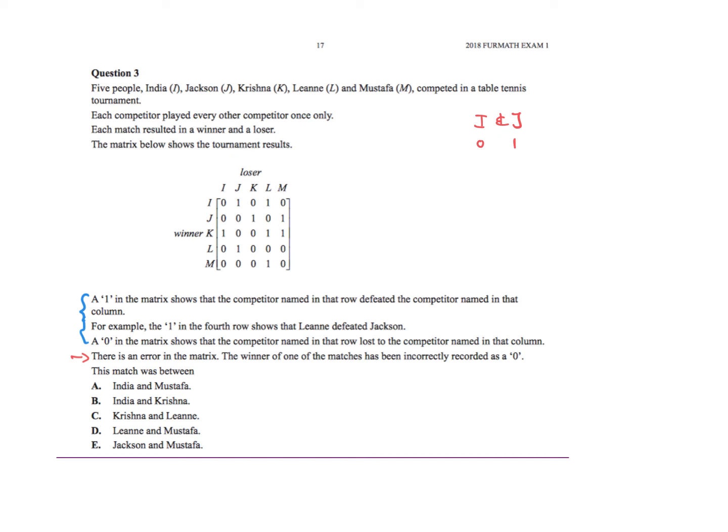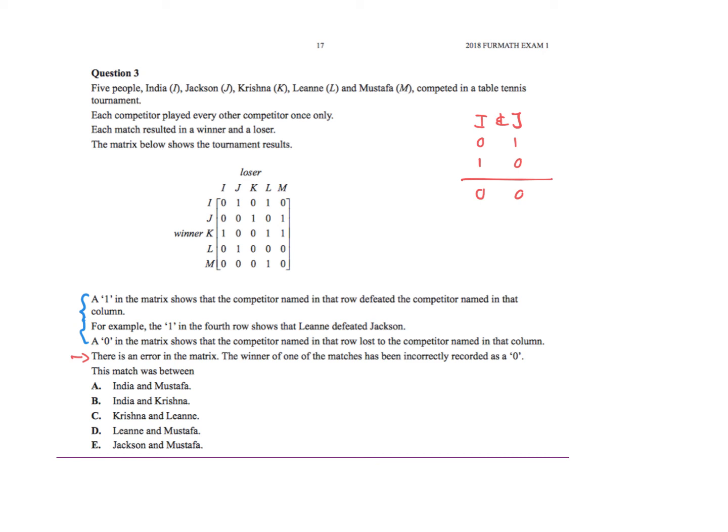So it might even be the other way round, it could be 1, 0. But what they're saying is they've accidentally put it in as a 0. So between 2 pairs, we're going to see a 0 and a 0.